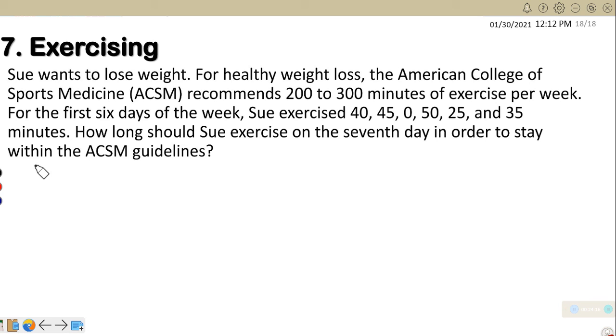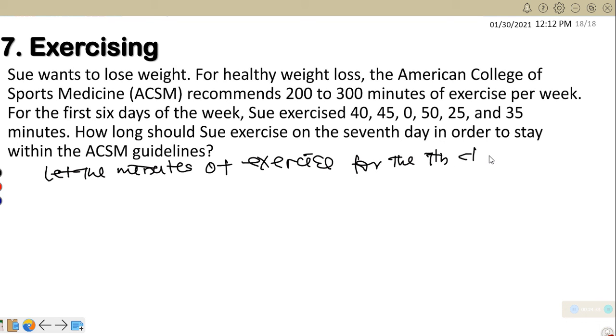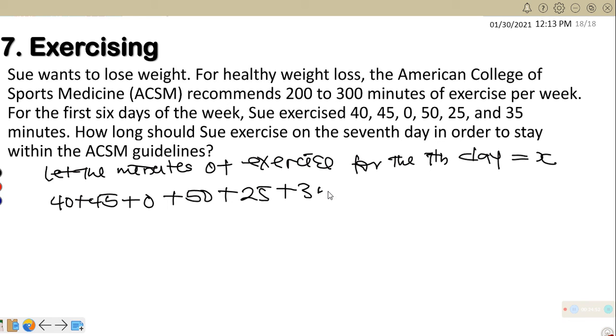So we take the average. So let the duration or the minutes of exercise for the 7th day equal X. Okay, so taking the average, we have 40 plus 45 plus 0 plus 50 plus 25 plus 35 plus X, everything over 7, must be greater than or equal to 200, because it has to be between 200 to 300 minutes to meet the ACSM guidelines.